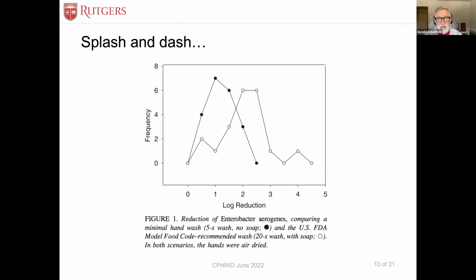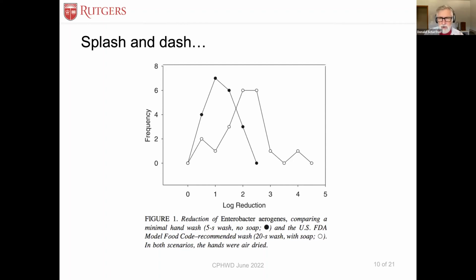But how effective is that compared to the proper 20-second hand wash where you use soap and you scrub your hands properly and all of that? Well, the mean log reduction for a proper hand wash is only about 2 logarithms. And so what that means is that it has an effectiveness of removing about 99% of the bacteria on your hands.